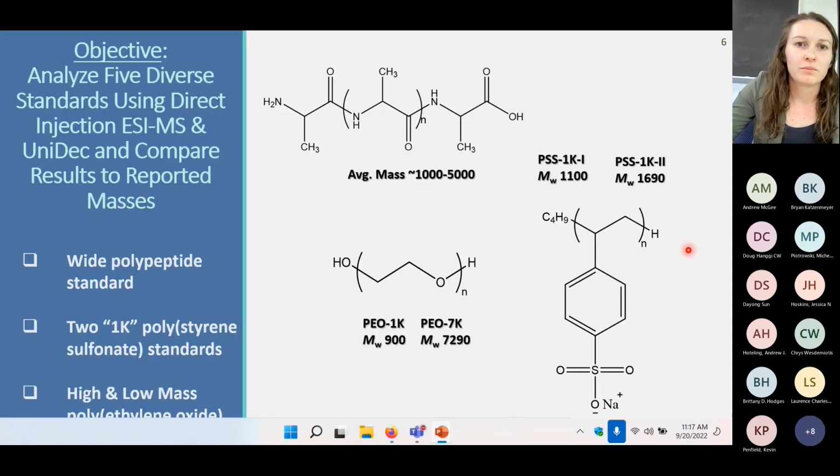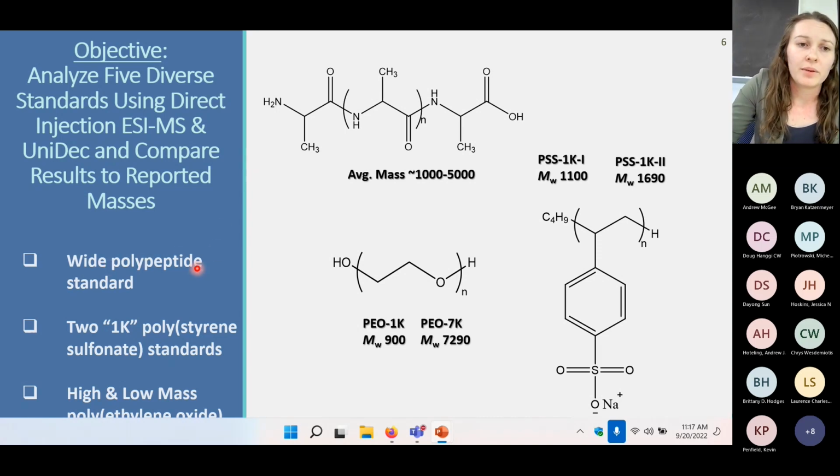The objective of what we were doing with polymers is to analyze 5 diverse polymer standards and see how well this technique can interpret molecular weights and the number average of the polymer.